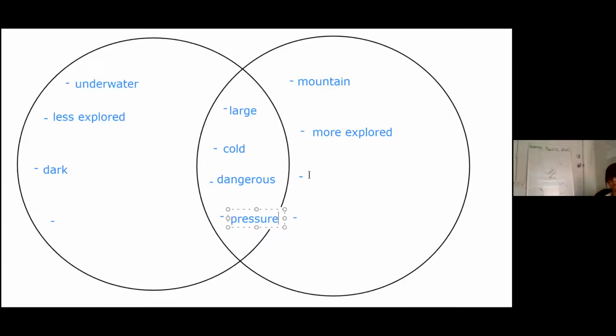All right, and then if the Mariana Trench is dark, what do y'all think it looks like at Mount Everest? Light. Very bright. Yeah, blinding. It's really high up to the sun. Because of the sun and what else? The snow makes it really bright, doesn't it? Yeah.